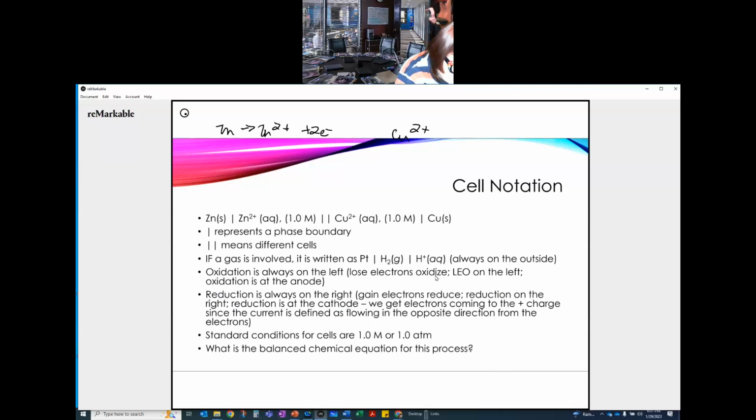And then the Cu2+ is going to Cu solid, and I need 2 electrons there to make that work. So my overall reaction is going to be Zn plus Cu2+ going to Zn2+ plus Cu.